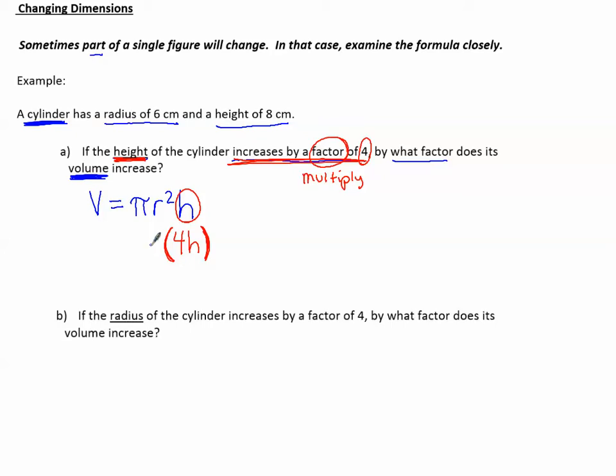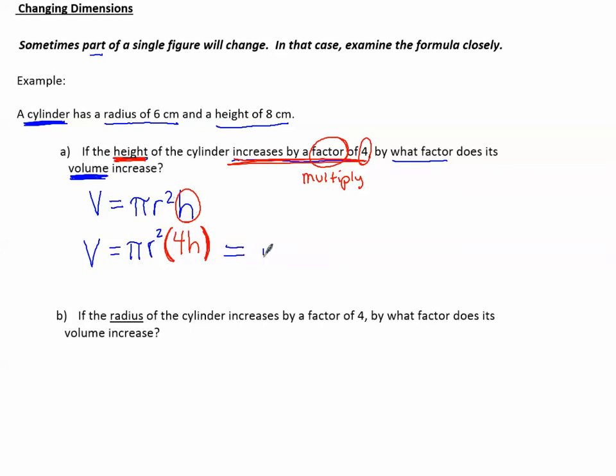Let's write the rest of the formula around that. So instead of h, it's 4 times h. Now, what factor does the volume increase by? We can rearrange these factors so that the pi, r squared, and h are all next to each other.